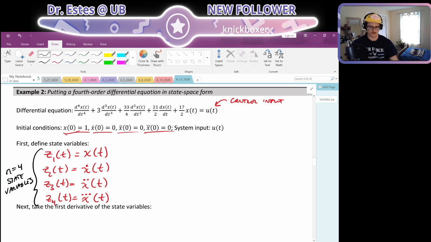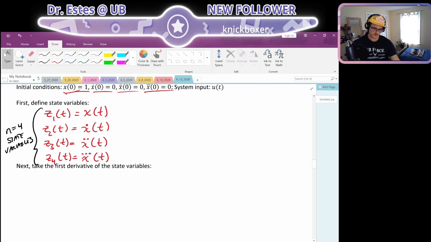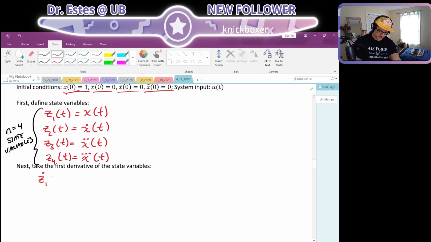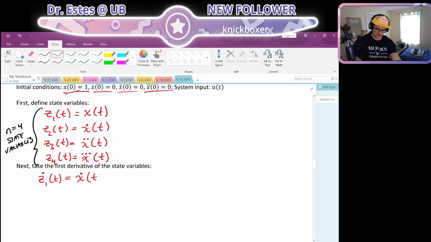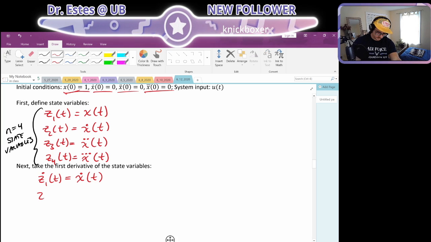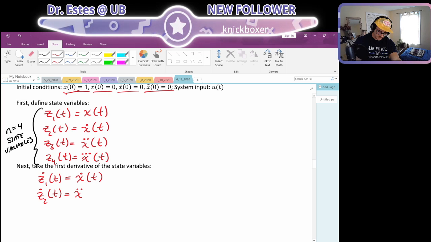All right. So we're taking the same process as we did for that second order system. The next step, we're going to take the derivative of each of our state variables. So the derivative of our first state is the derivative of x, which is x dot. The derivative of our second state was x dot, so if I take the derivative of that, it's x double dot.